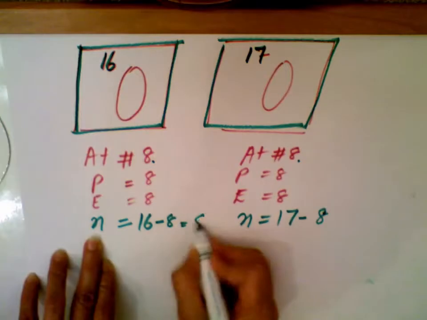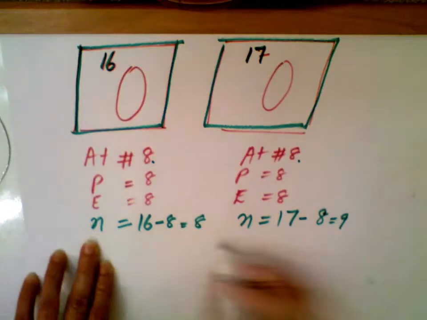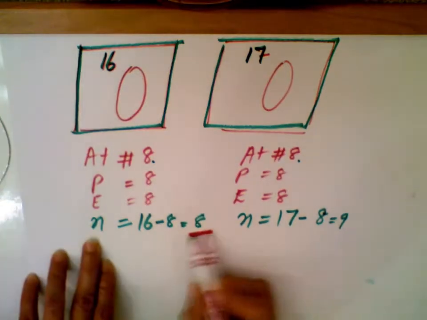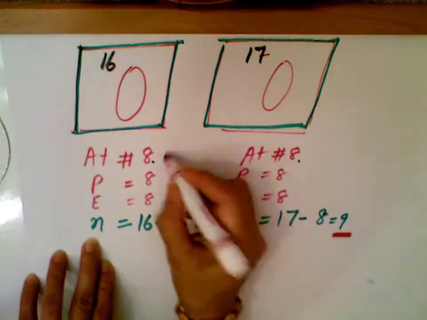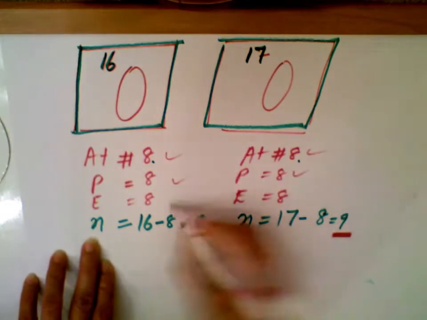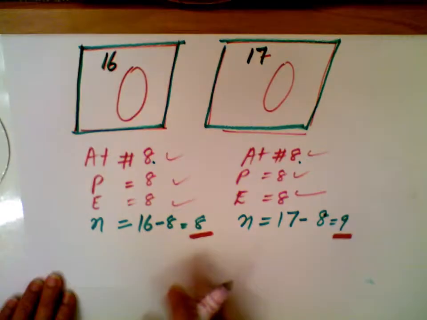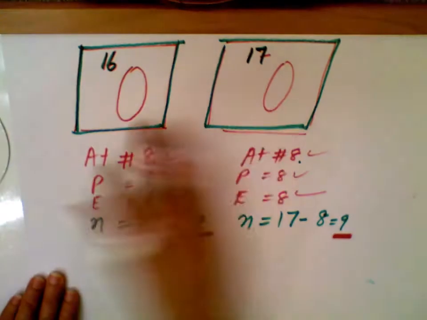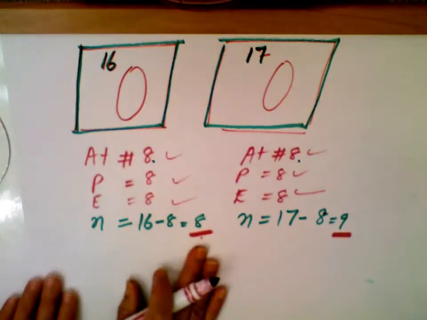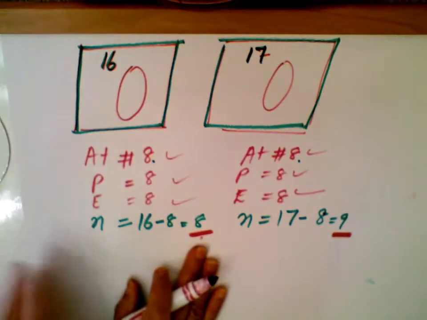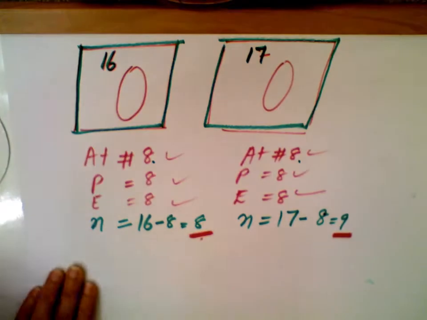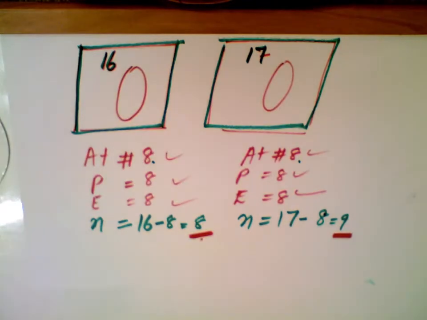So here you get 8, here you get 9. See that? This is different. But the rest is all the same. Only the number of neutrons is different, even though they are the same element. They are just two different versions of the same element, but their numbers of neutrons are different because they are isotopes.